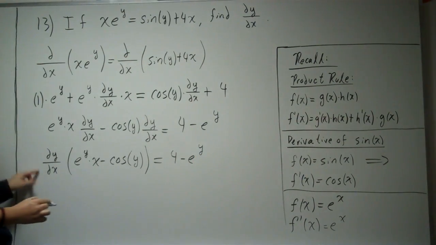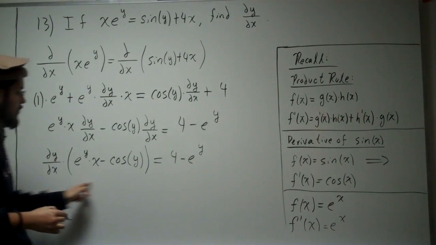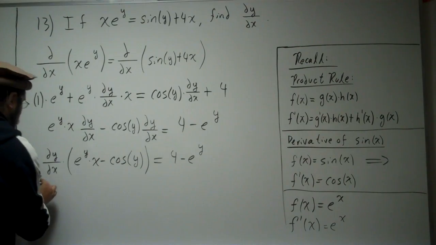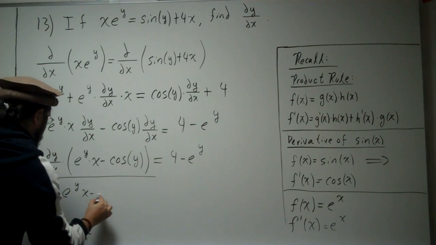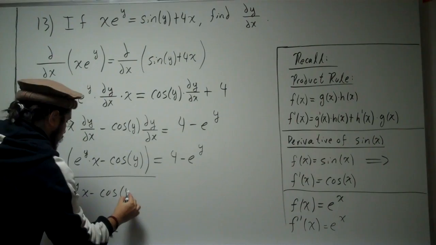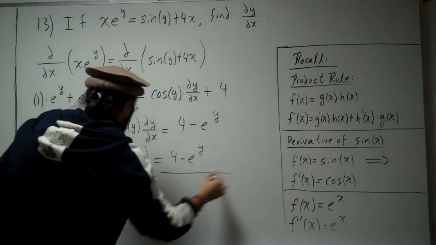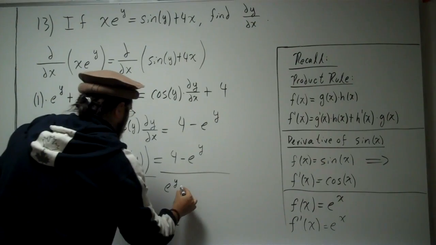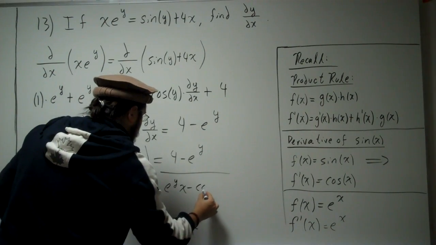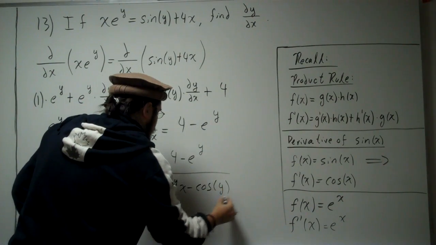To solve for dy/dx, I have to divide both sides by this quantity, e to the y times x minus cosine of y.